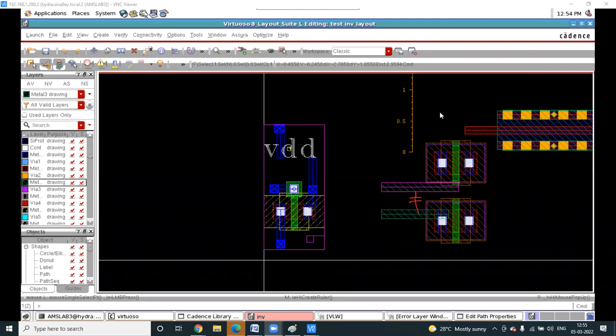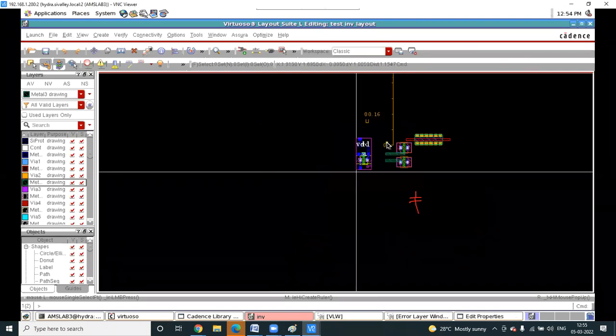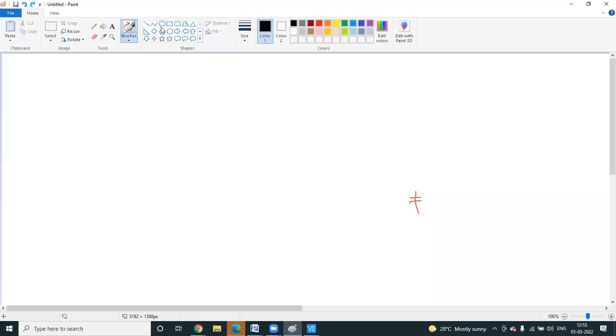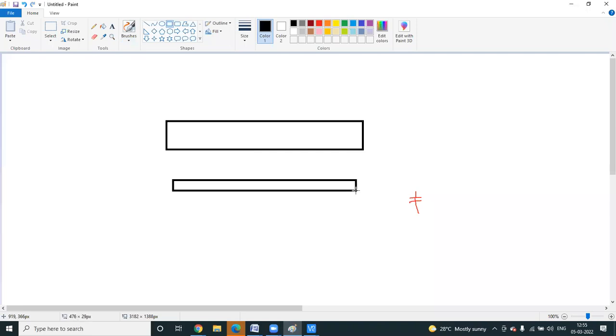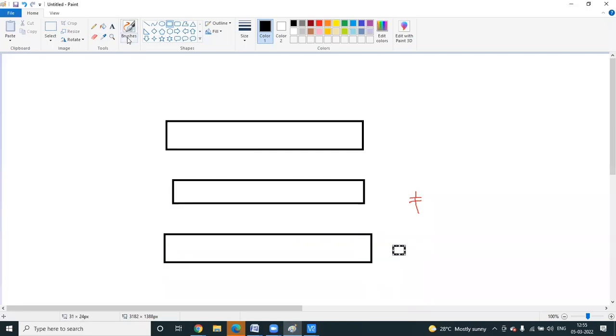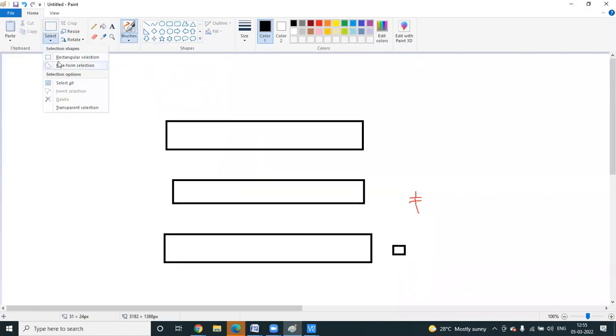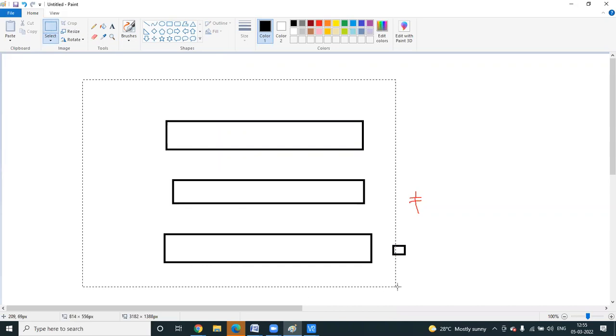So in the layout, I told you two types of things you need to do: sidewall and coaxial. By doing this, let's see how we are avoiding it.